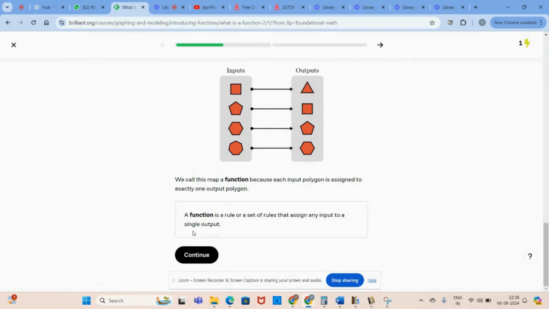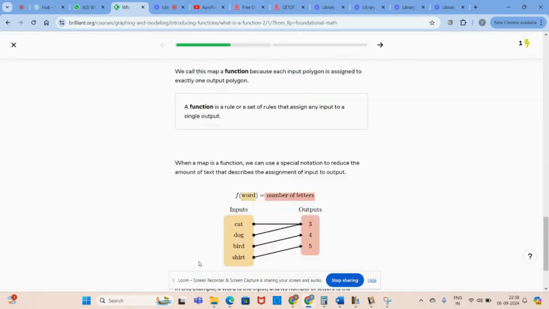So for every input, we should have a single output. Now, there could be two inputs which have the same output, which we'll see in the example, but there can't be two outputs from a single input. We will call it some sort of mapping between two groups, but that mapping will not be called a function. So we'll see that.